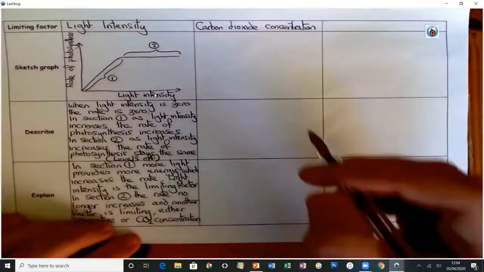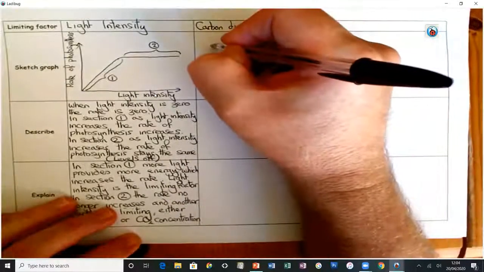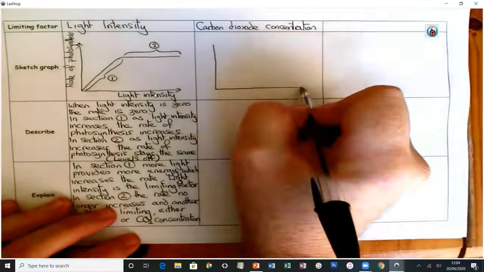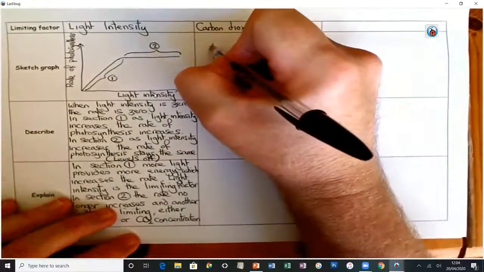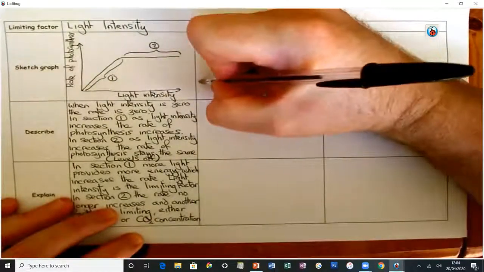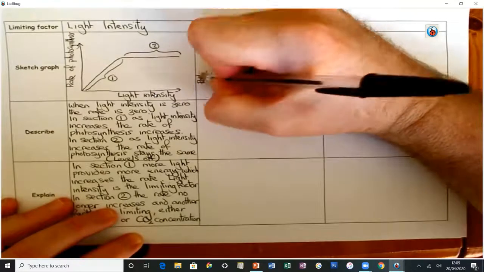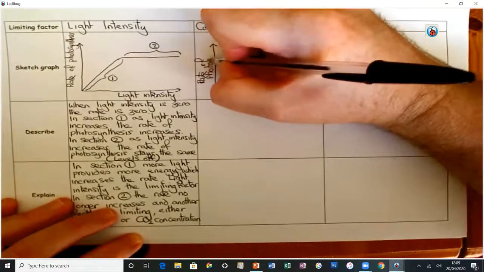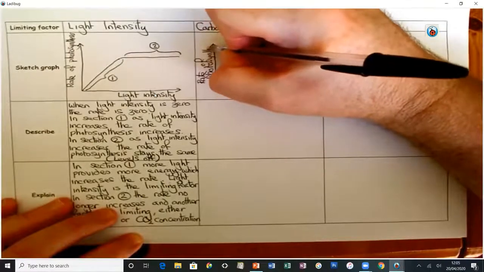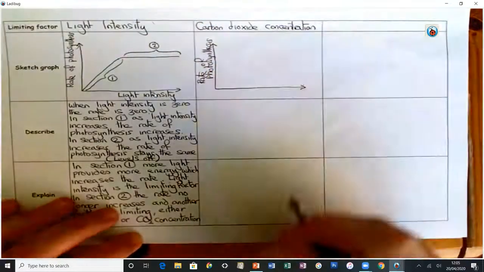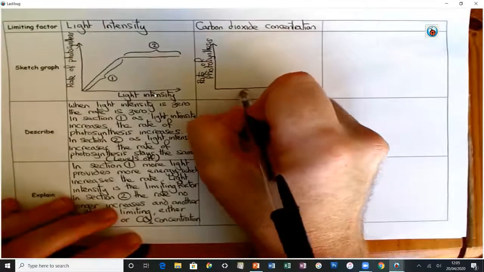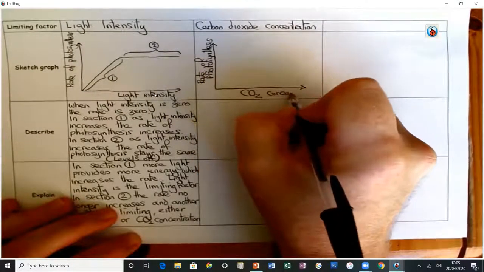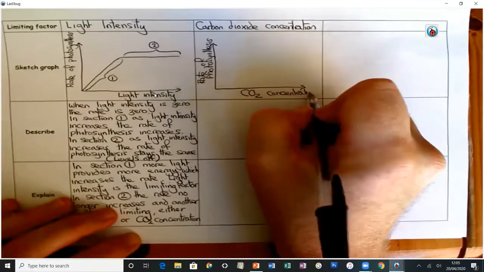So if we just draw a sketch graph, we've got rate of photosynthesis again on the y-axis, but this time we've got carbon dioxide concentration on the x-axis.